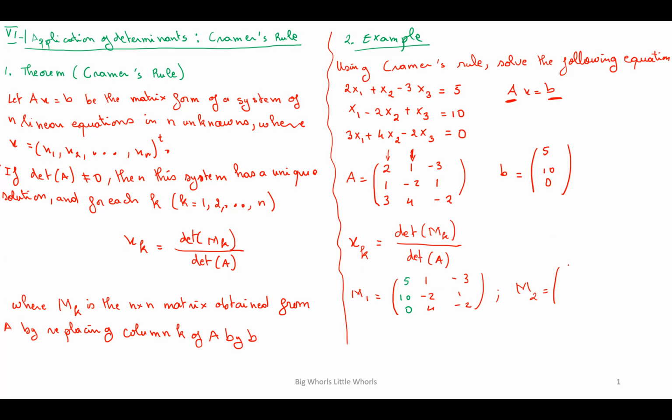So we write the first column down, and the third column, minus 3, 1, minus 2, but the second column is replaced with b, so 5, 10, 0. And in M3 we replace the third column. The first two columns are written as they are, 2, 1, 3 and 1, minus 2, 4, and the third column is 5, 10, 0.